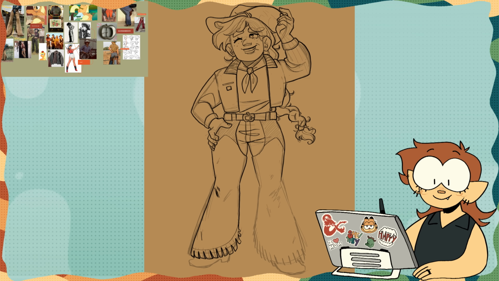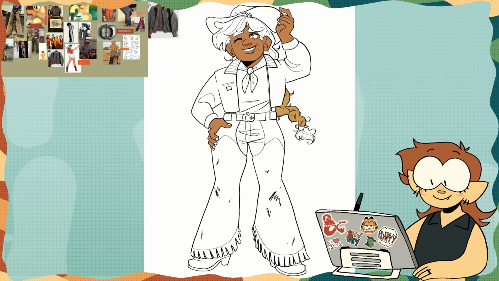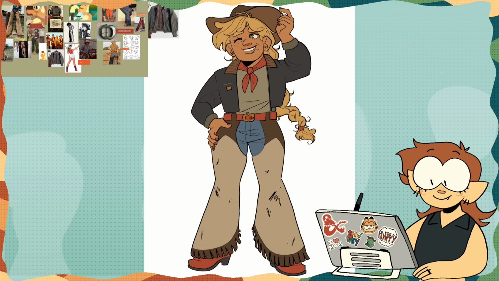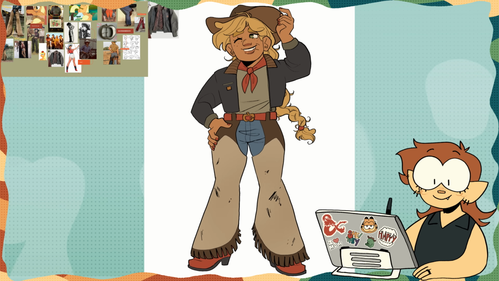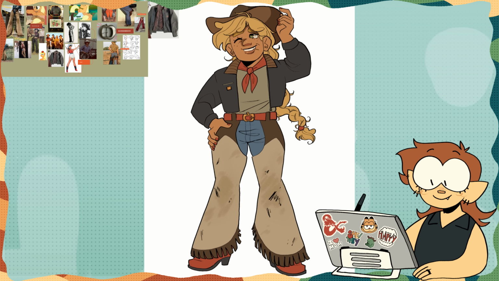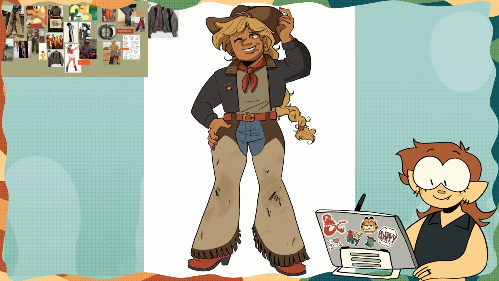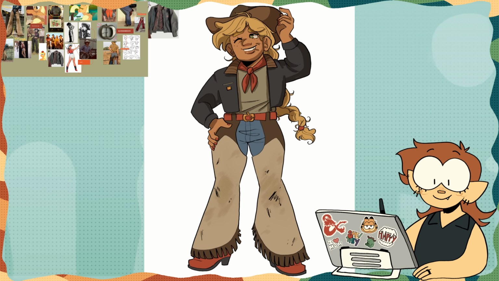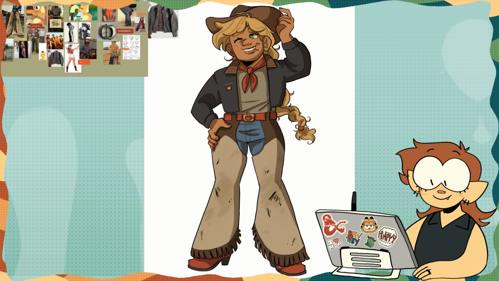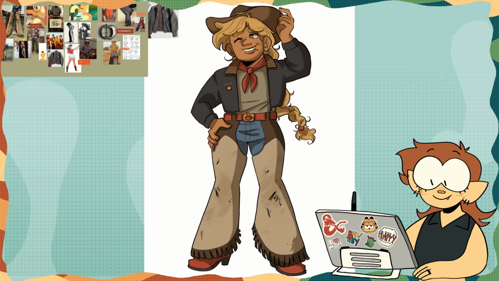With Applejack, I kind of got a little carried away with just the whole cowboy of it all. The only apple thing that I gave her was this belt buckle. Literally the only apple thing. Maybe instead of paisley on her bandana, I could have done apples. In my board, I wanted to give her a denim jacket, and I was like, the back will have embroidery.